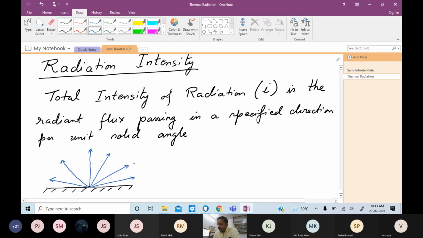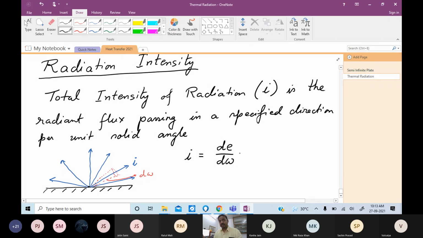Now, if I want to find out what is the radiation I in a certain direction, what I will do is define a solid angle d omega, and write I as dE by d omega.